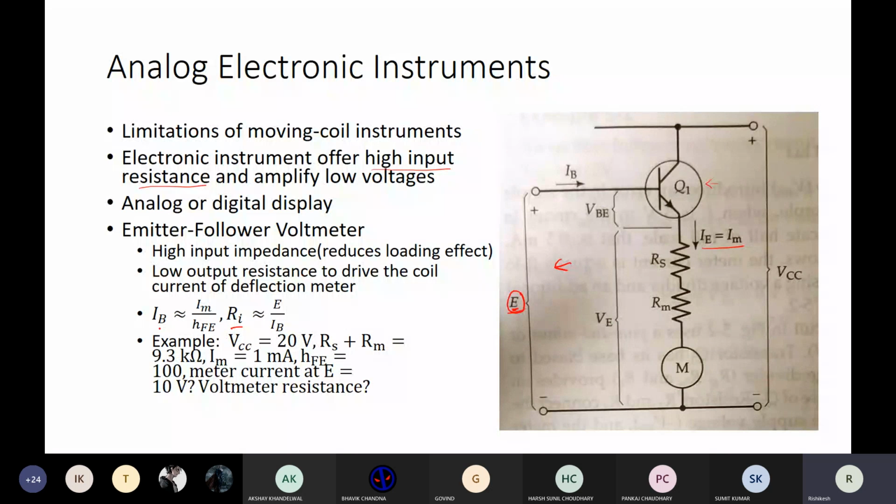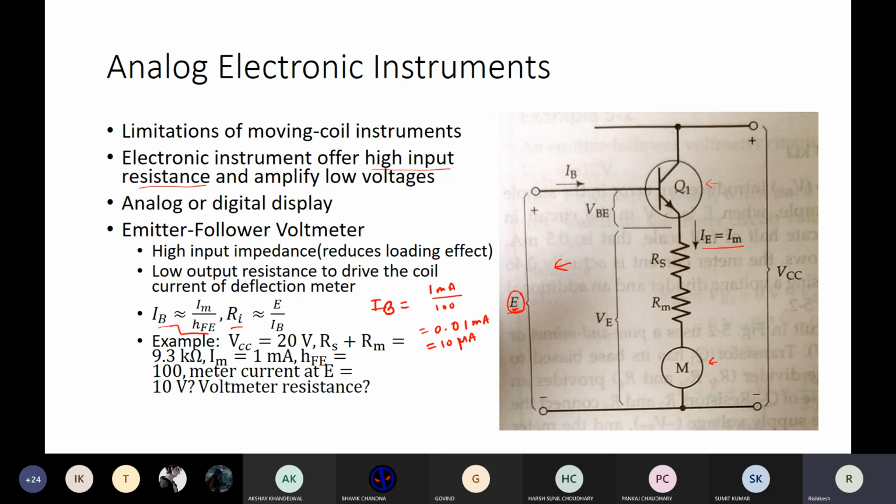And we know the relationship between base current and emitter current is governed by the current gain of the transistor. A typical example: if the current gain is 100, then the base current for the meter full scale deflection current of 1 milliampere, IB, is 1 milliampere divided by 100, which is 0.01 milliampere, which is 10 microampere, right?